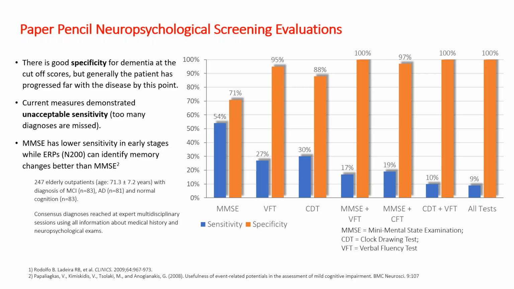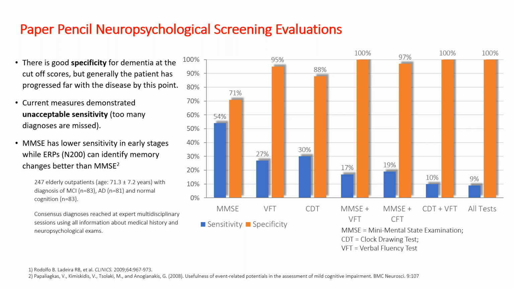The things that we're all typically used to seeing, for decades, we've been using different types of test instruments in the office, short versions mostly just for time saving. But the Mini-Mental Status test has always been the standard, and it's got okay statistical specificity and sensitivity, but not as good as other measures.